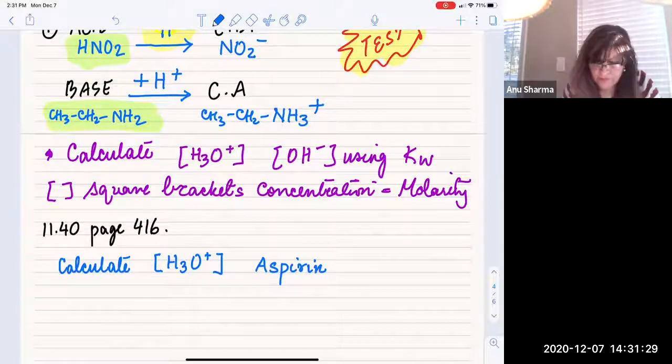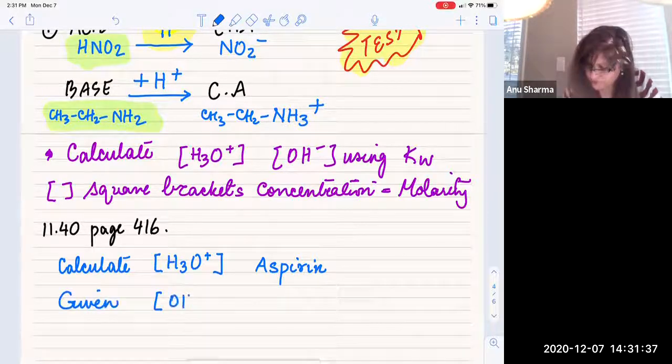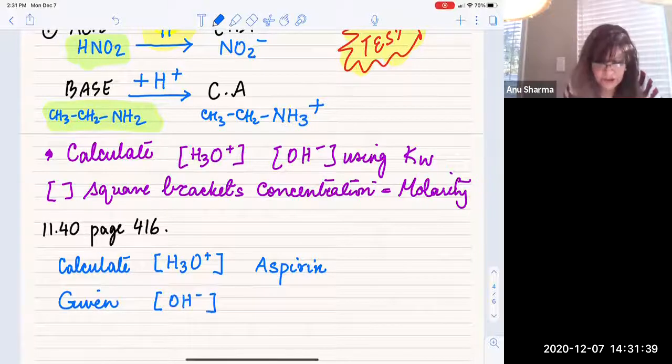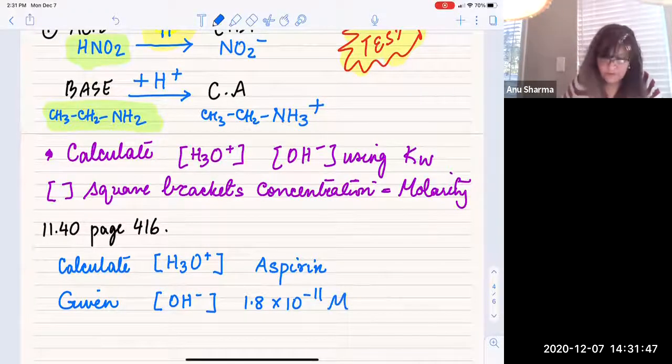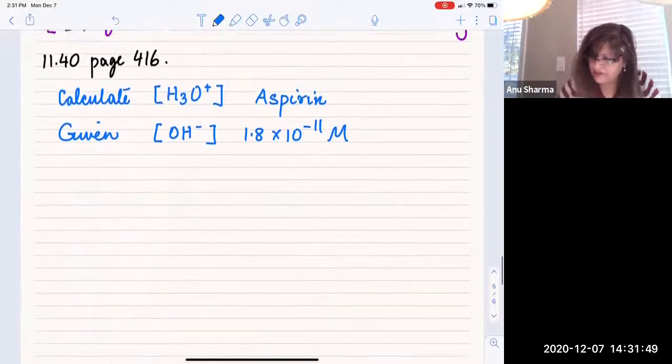So you are given in the aspirin solution OH ions, and these OH ions are 1.8 times 10 to the power negative 11 molar. Okay, 1.8 times 10 to the power negative 11 molar.